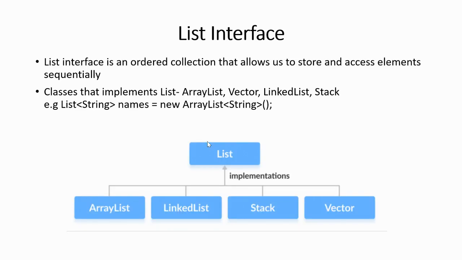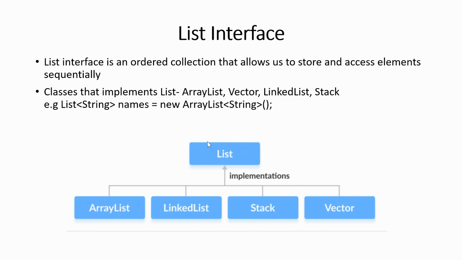Then we have the first interface, which is called the list interface. A list interface is an ordered collection that allows us to store and access elements sequentially, right? We have seen the raw arrays in the past, one dimensional as well as two dimensional. But this interface actually holds the wrapper type of data.